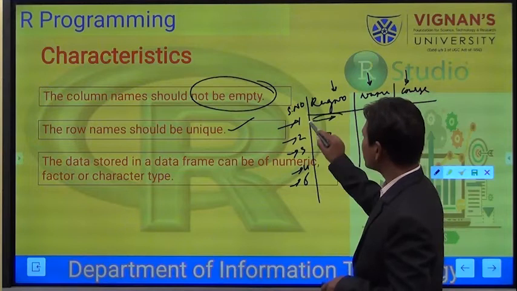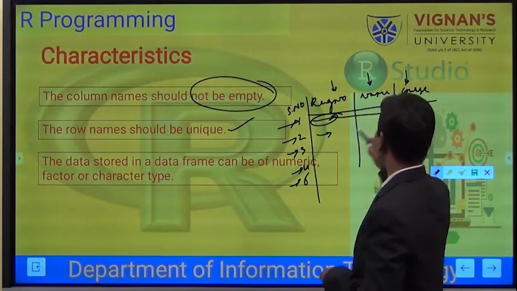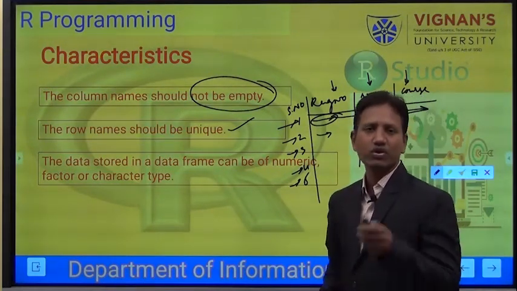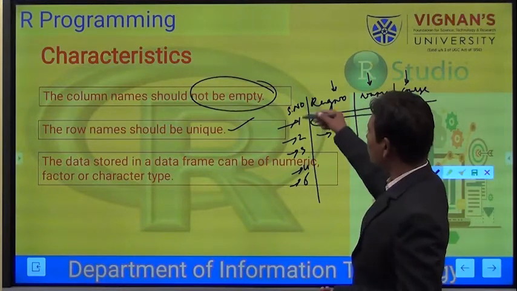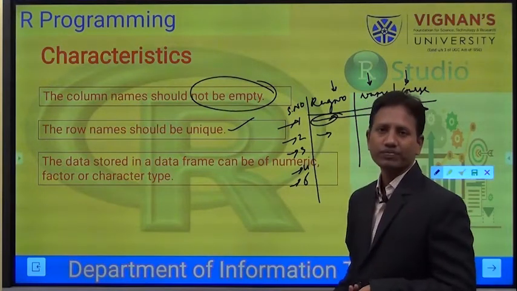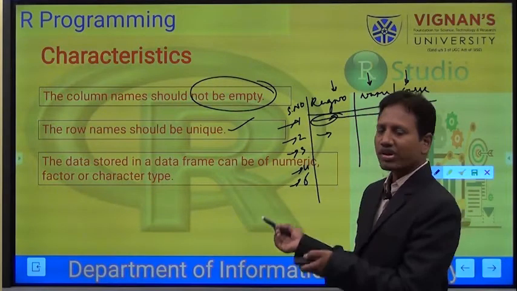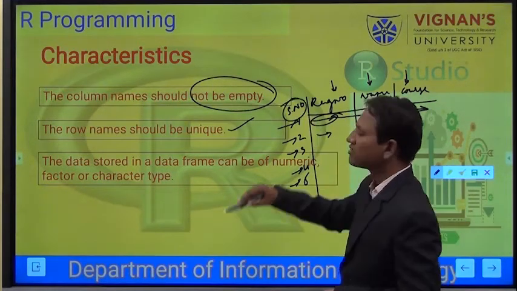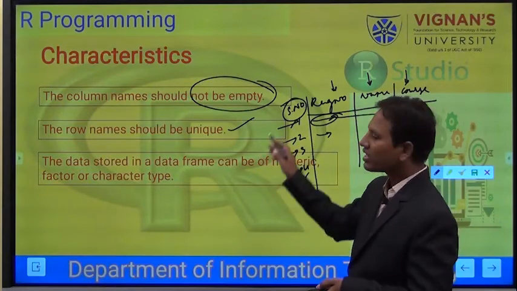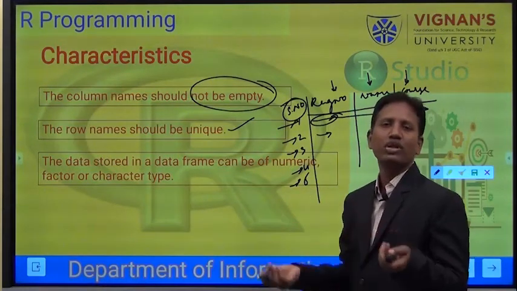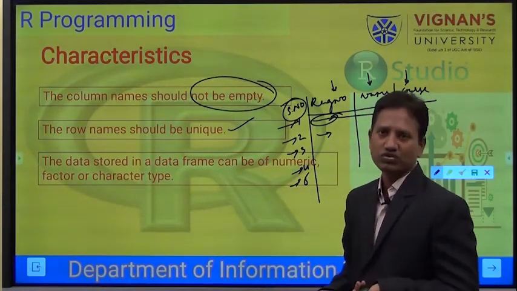In the sense, using this one I can access the entire data. Because of that, the row names must be unique. Generally the serial number is considered as row name, and if we consider that serial number, you won't get any duplicate values.